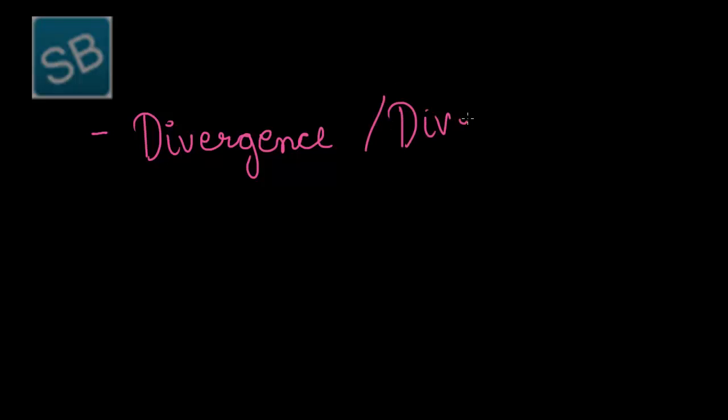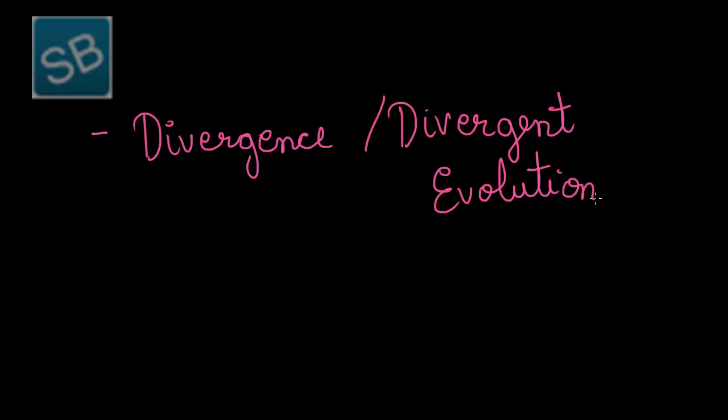Adaptive radiation in a single word can be defined as divergence, or we can say divergent evolution. That is, something adapted in a different manner, which makes it evolution for the organism.